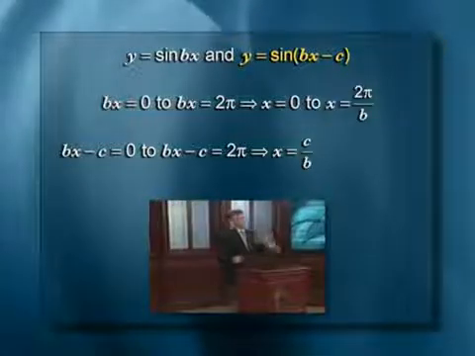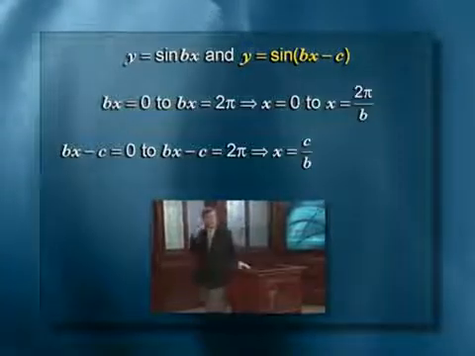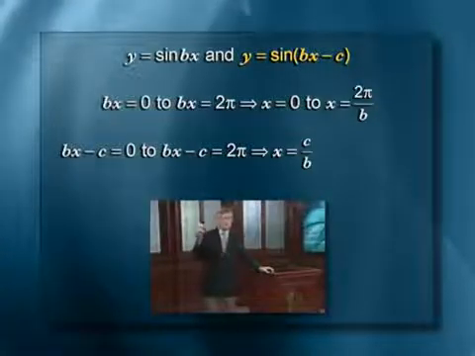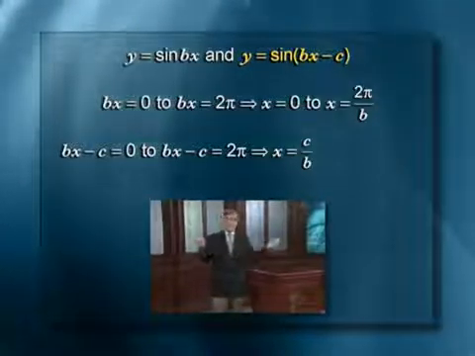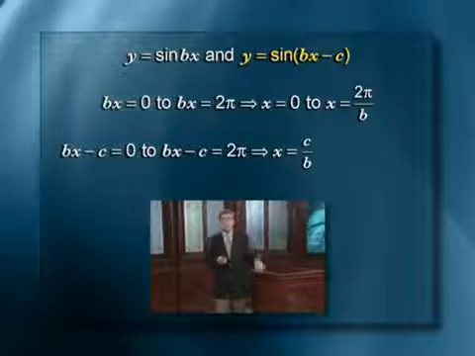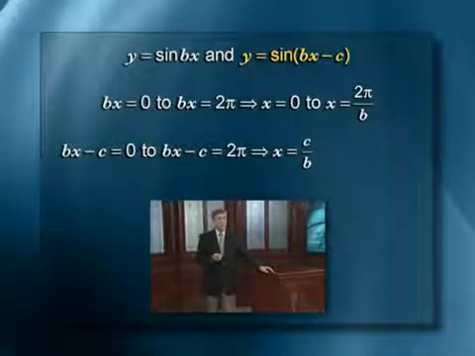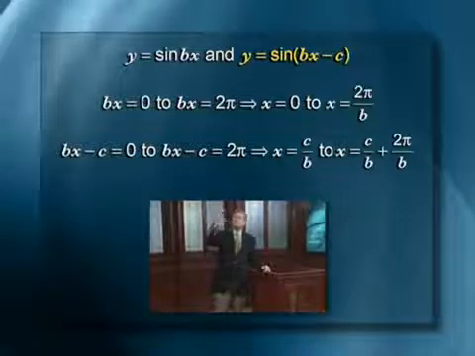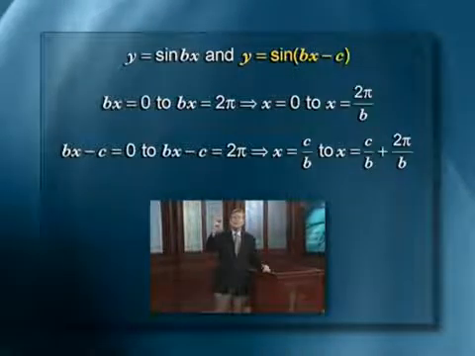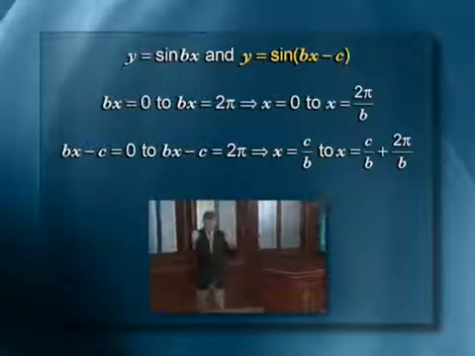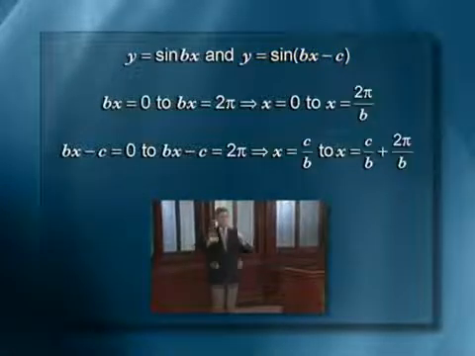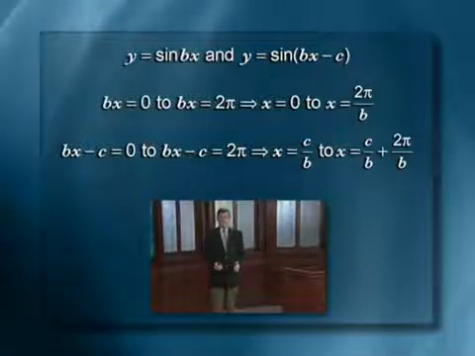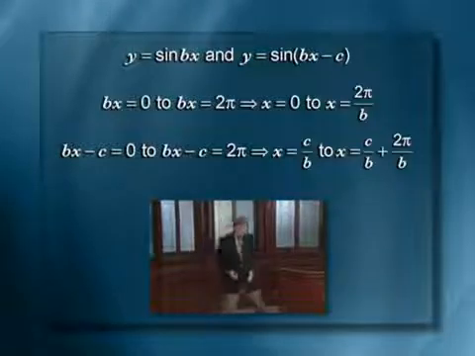Where does it finish? Well, that'll be at bx minus c equals 2 pi, completing a full period. And now solve for x. It's a little more arithmetic to solve for x here. And you get x equals c over b plus 2 pi over b. I think that makes sense, because watch. If I start at c over b, this new function, I do one period.